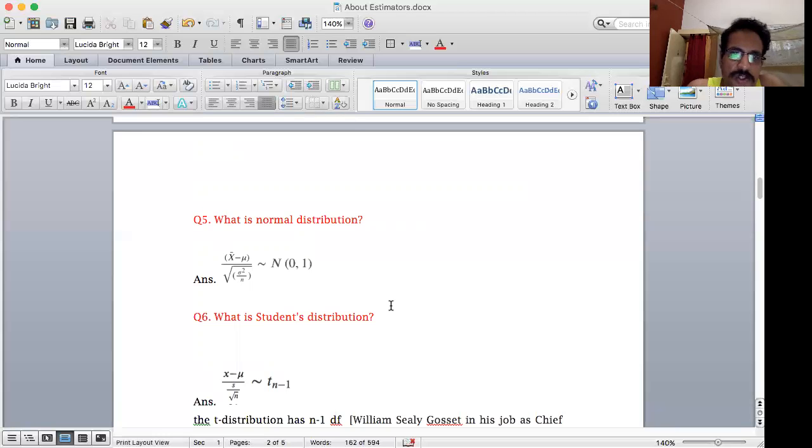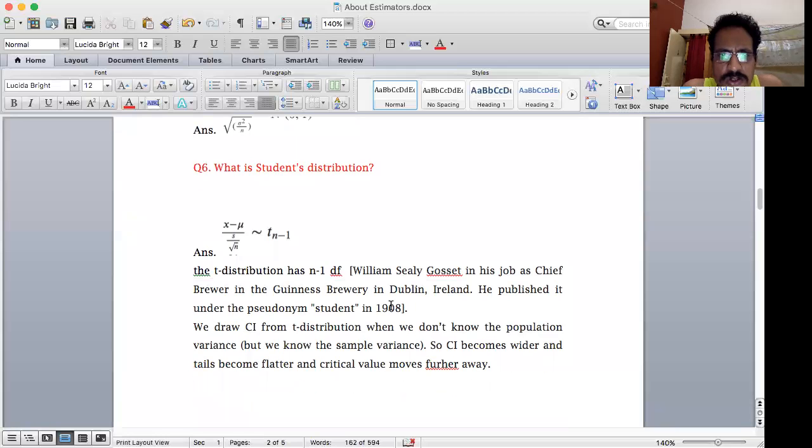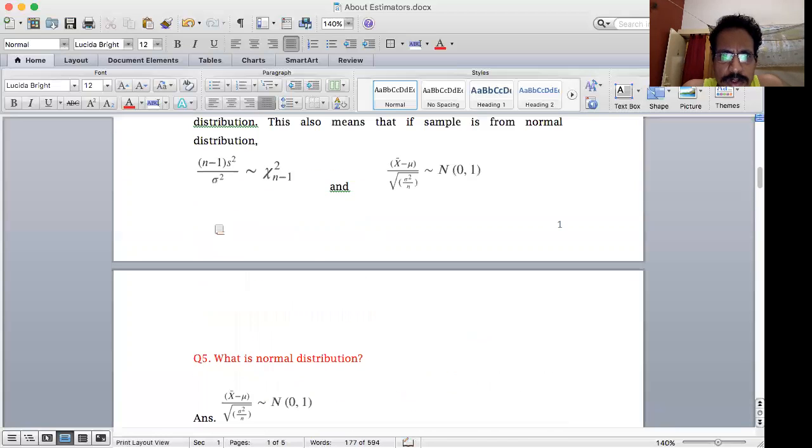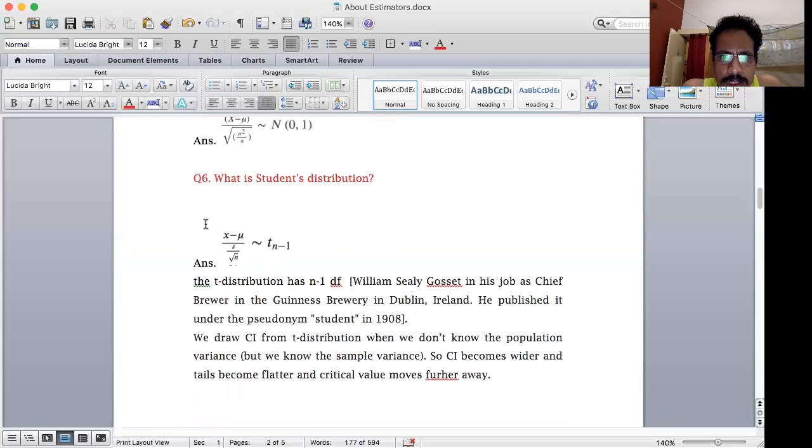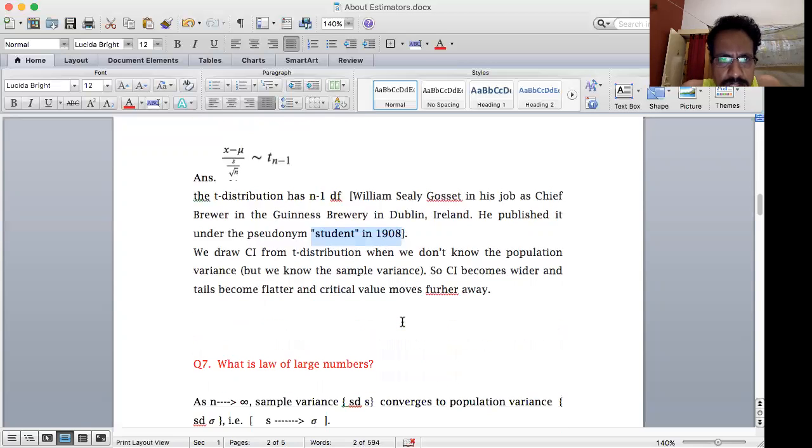And what is then the student's distribution? The student's distribution is nothing but x bar minus mu upon the standard deviation divided by the square root of n, which follows a t distribution. The t distribution has n minus 1 degrees of freedom, attributed to William Gosset, who published as Student in 1908 this particular theorem.